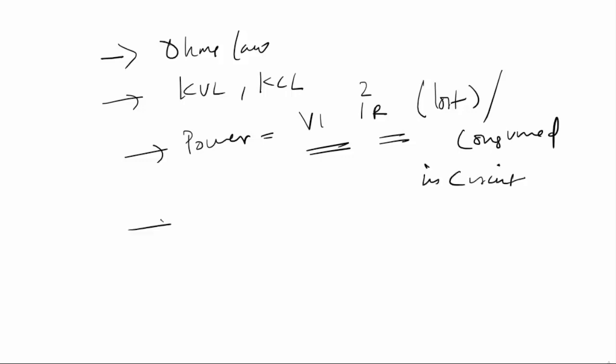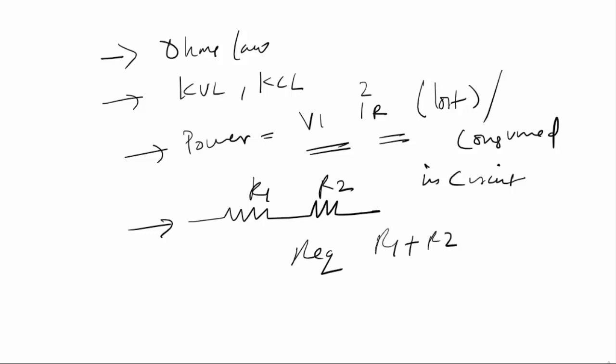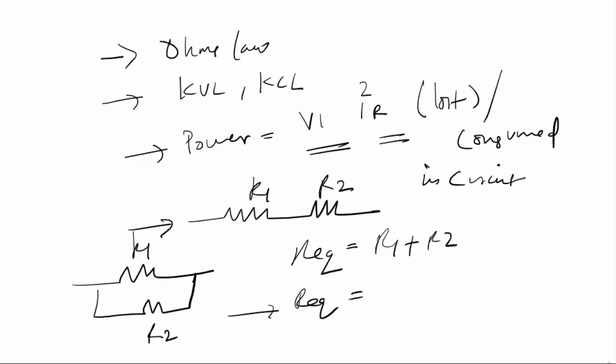Again, you found out how to solve the series circuit. If there are two resistances in series R1, R2, then the R equivalent can be written as R1 plus R2, and if there are two in parallel, then the R equivalent will come from 1 upon R1 plus 1 upon R2.